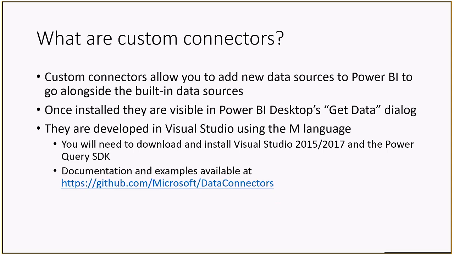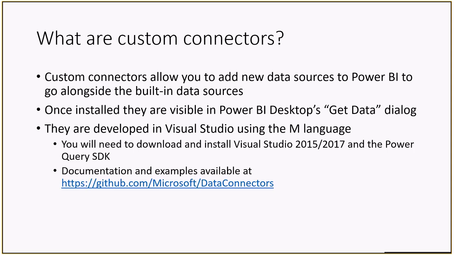You're probably also going to need some documentation. The main source of documentation is on GitHub at the github.com Microsoft Data Connectors link that I've just shown you. Interestingly, a lot of the useful information that's there seems to be migrating over to the new Microsoft documentation site.